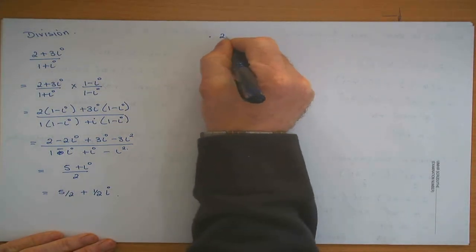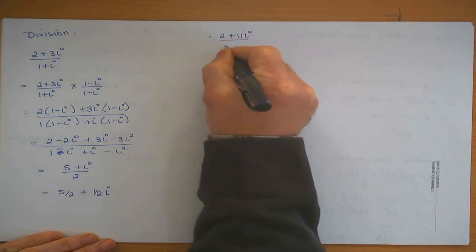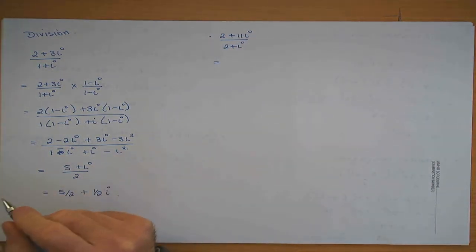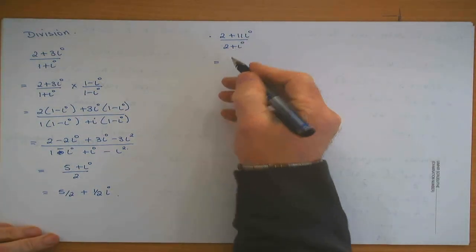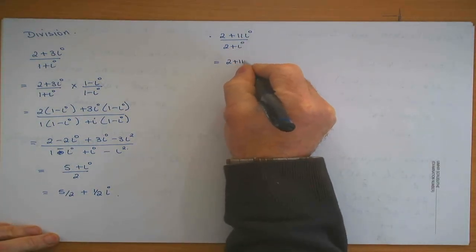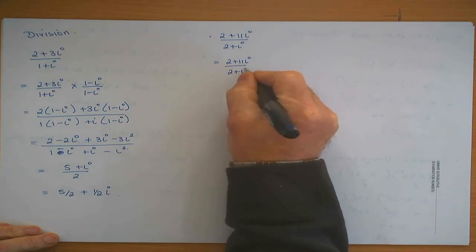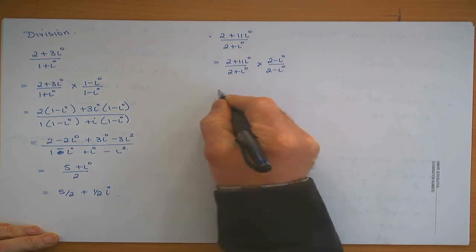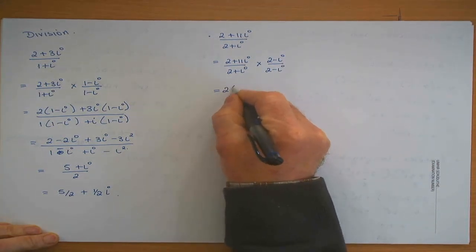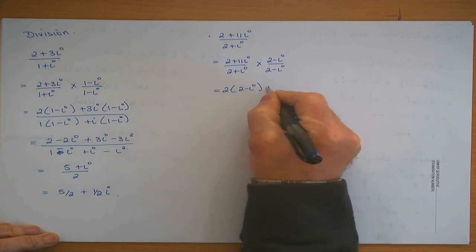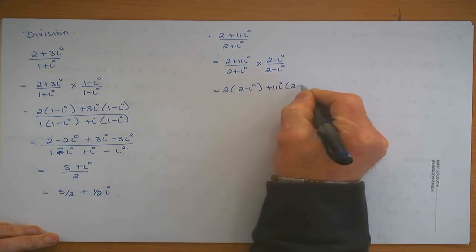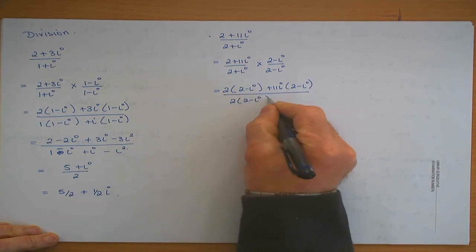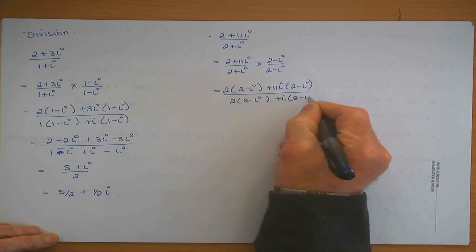If I had 2 plus 11 iota all over 2 plus iota, what we say is we rationalize the denominator. In other words, we make the denominator into a real number. That's 2 plus 11 iota over 2 plus iota multiplied by 2 minus iota over 2 minus iota. Multiplying out the top, it's 2 times 2 minus iota plus 11 iota times 2 minus iota. And the bottom, it's 2 times 2 minus iota plus iota times 2 minus iota.